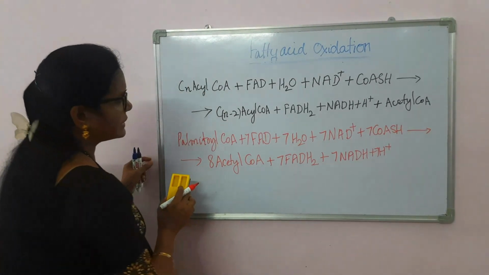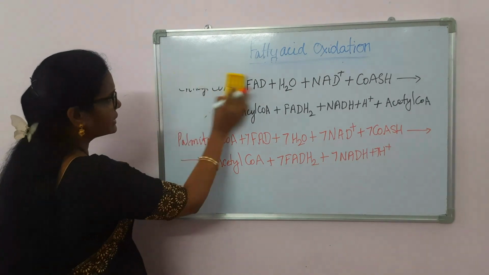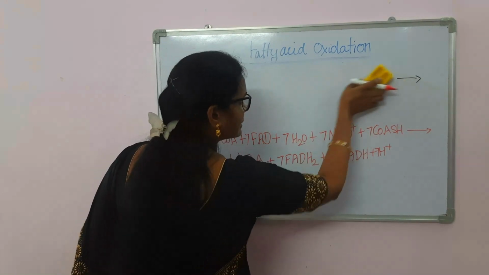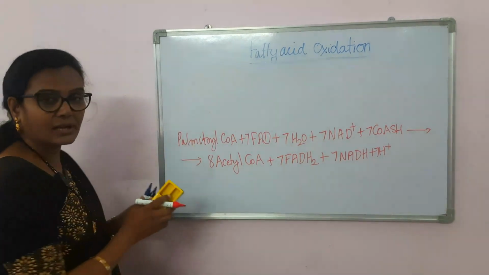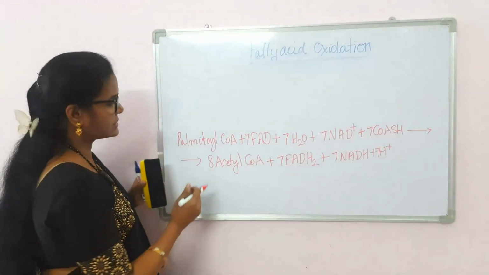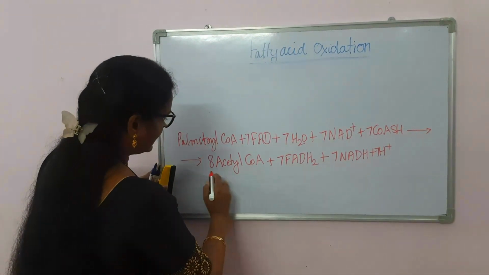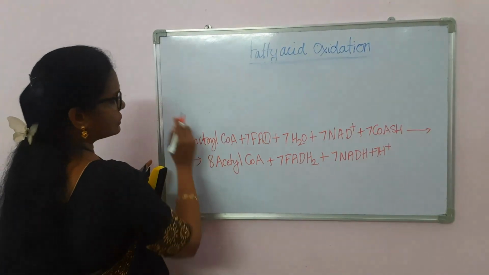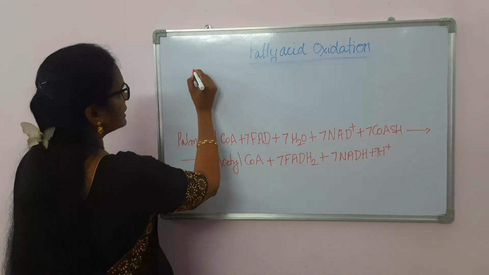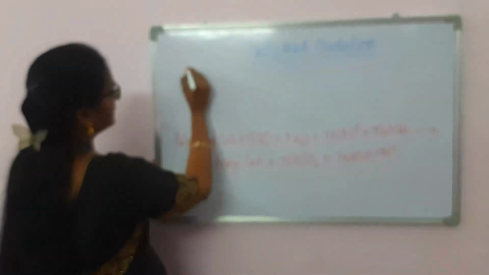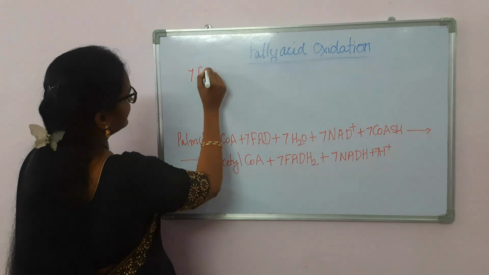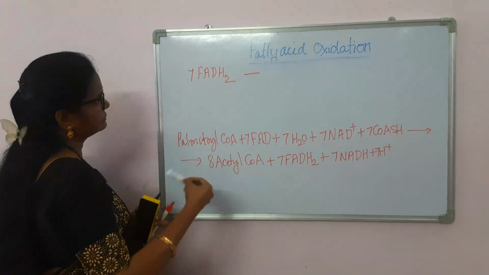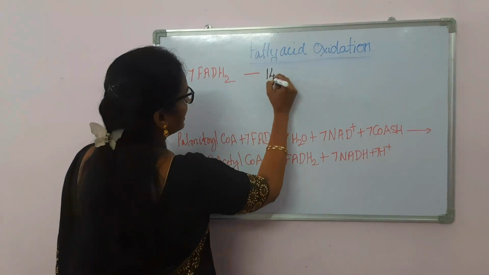Now we will see how much energy is generated during fatty acid oxidation, taking palmitic acid, a 16 carbon fatty acid, as an example. It finally gives 8 acetyl-CoA, 7 FADH2 and 7 NADH plus 7 H plus. Each FADH2 produces, as I told you, 2 ATPs. Total 7 FADH2 are there, so it gives 14 ATPs.